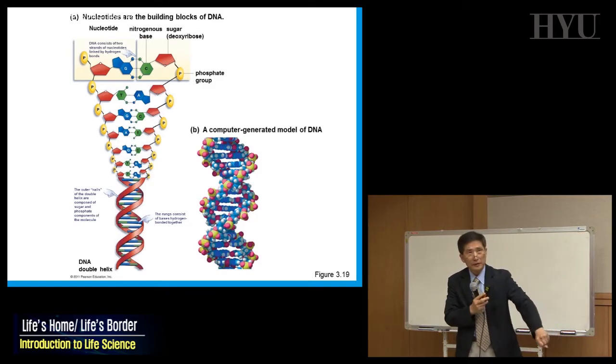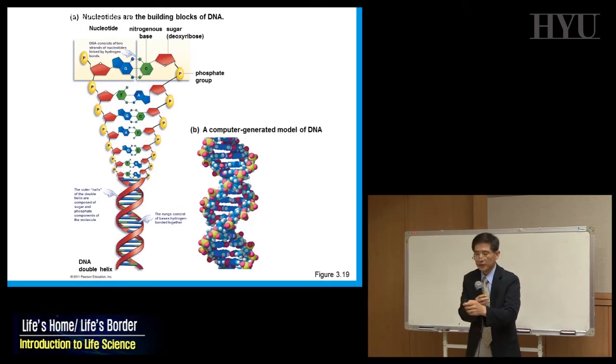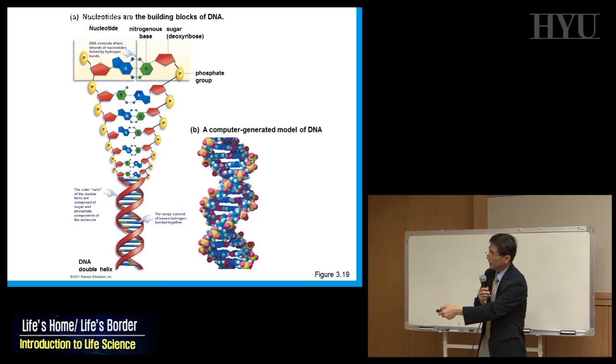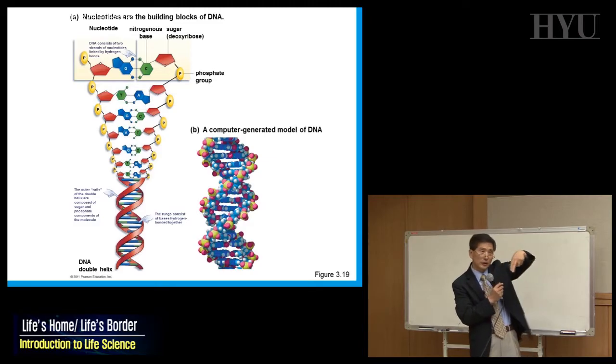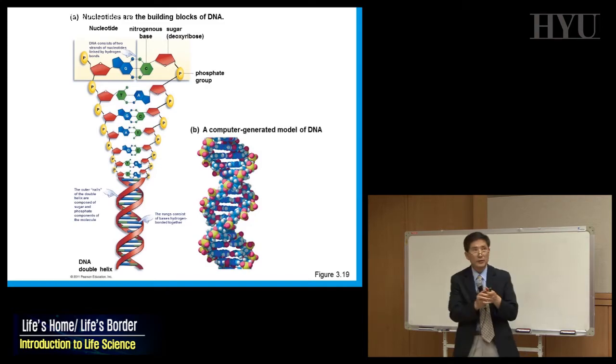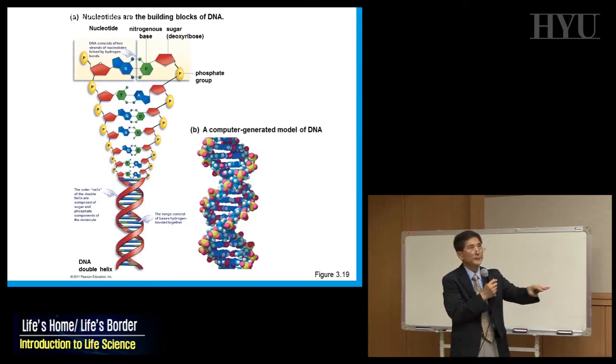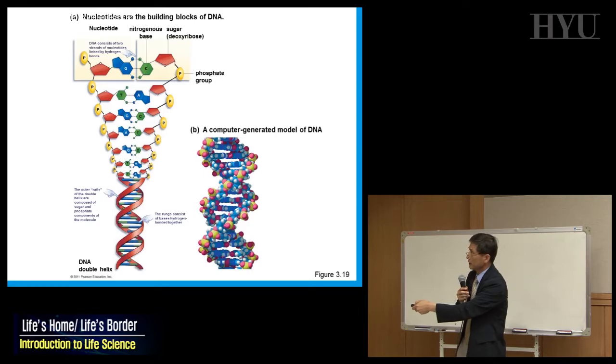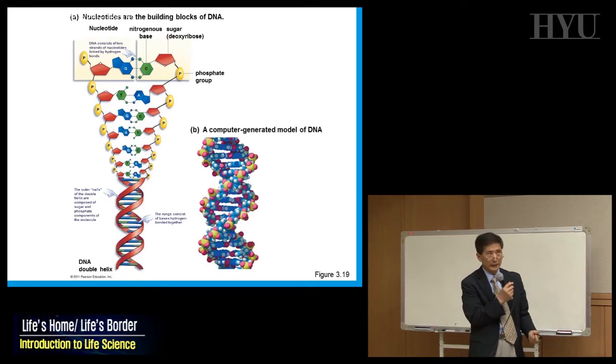So the handrail of that staircase is this one. Phosphate and sugar is the backbone of this double helix, okay? And then steps is composed of this base. We call it base.